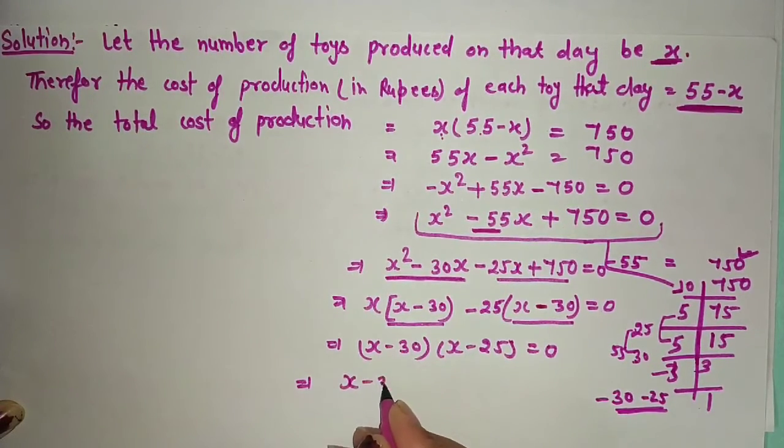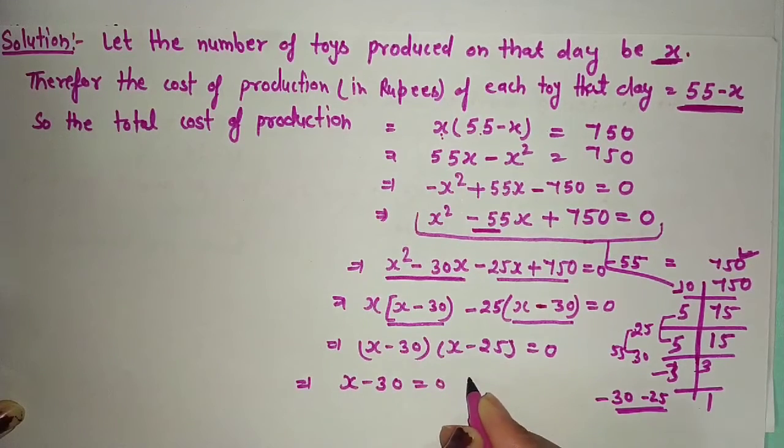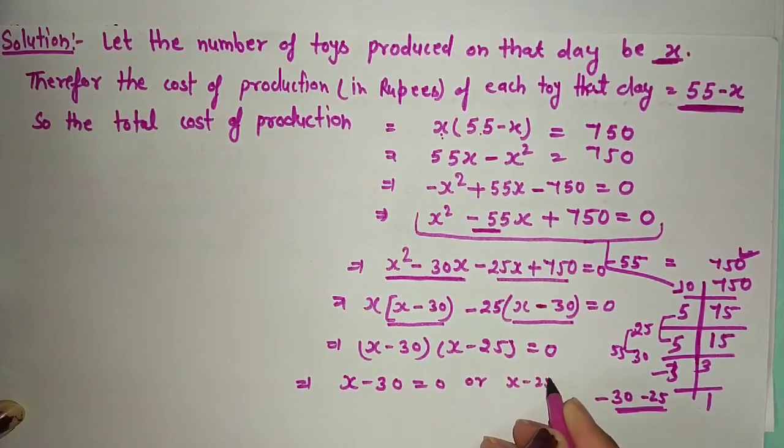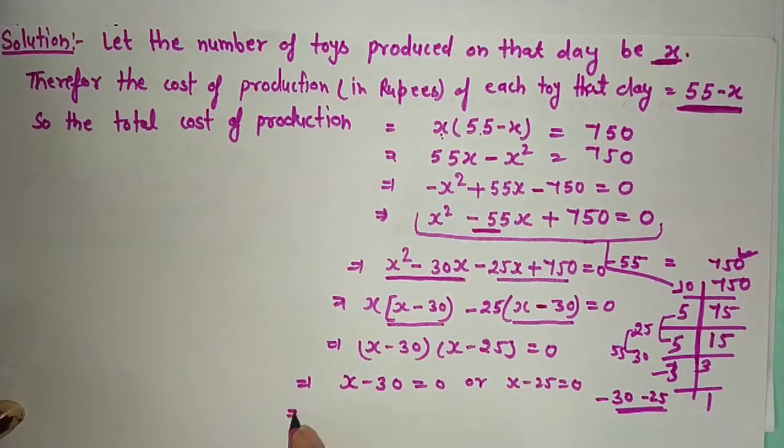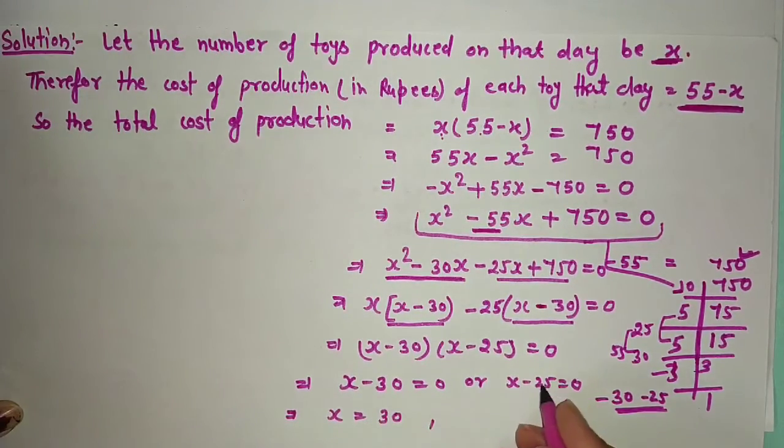Therefore x minus 30 equal to 0, or x minus 25 equal to 0. When x minus 30 equal to 0, then x equal to 30. When x minus 25 equal to 0, then x equal to 25.